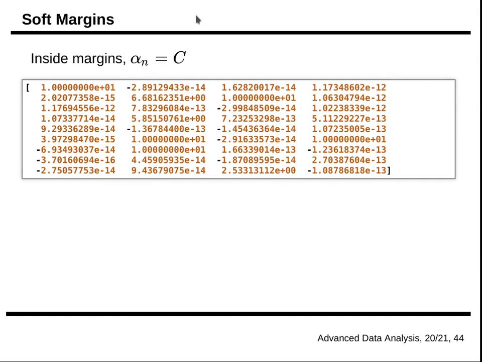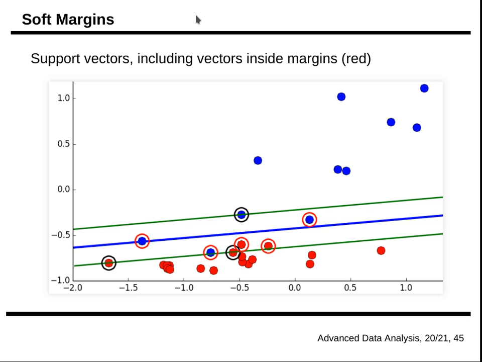Okay, so this is what is called soft margins on support vector machines, because we can allow the margins to be softer, to be penetrated by the points. And this allows us to now solve a problem of trying to separate classes that are not linearly separable. We will have some errors here, but we still have a solution.